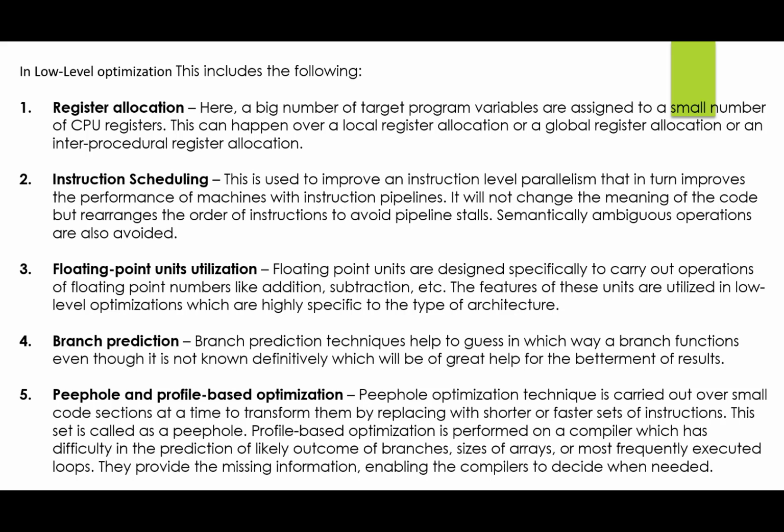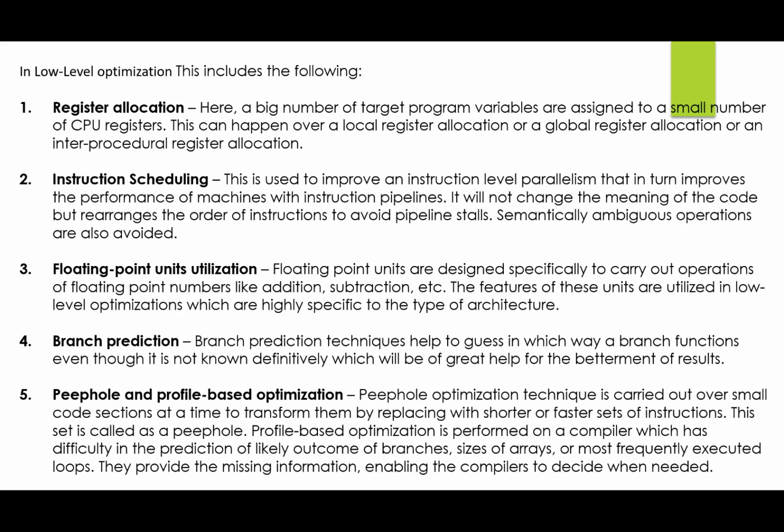Number 5, behavior and profile based optimization. Behavior optimization is carried out over a small code section at a time, transforming it by replacing it with a shorter or faster set of instructions. This set is called a behavior.